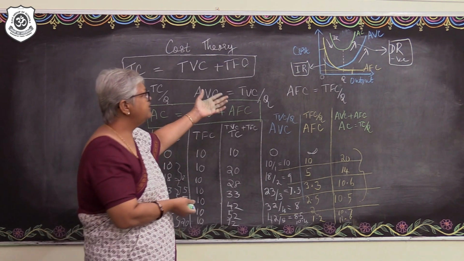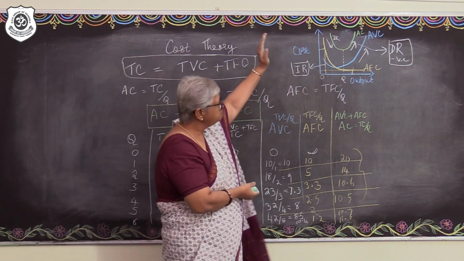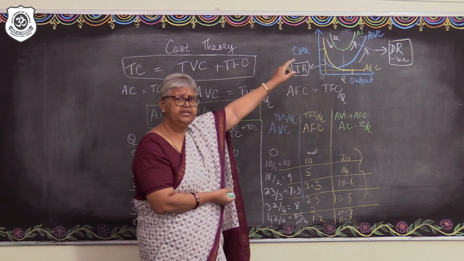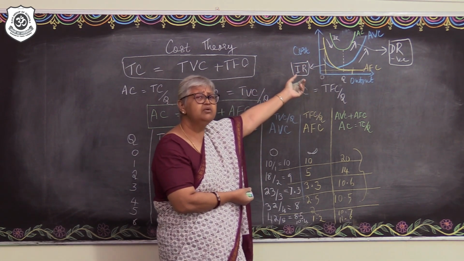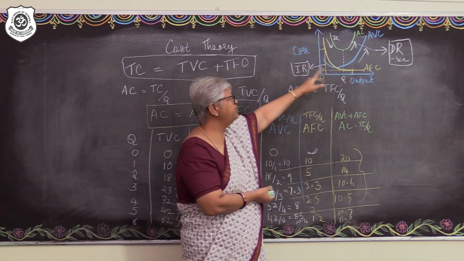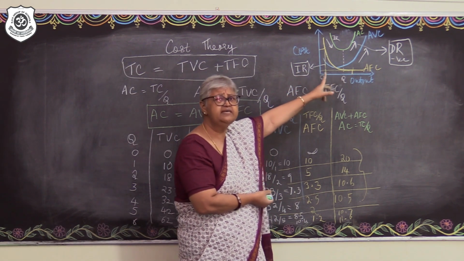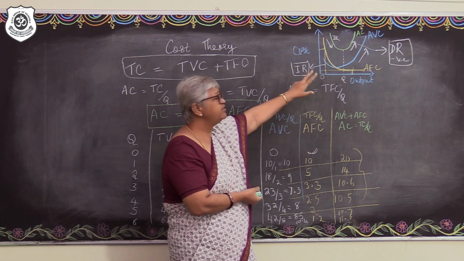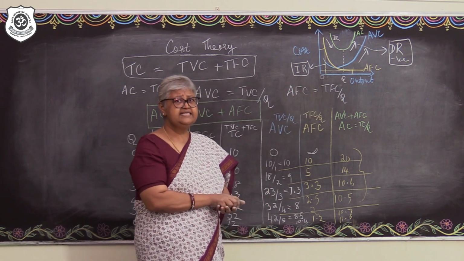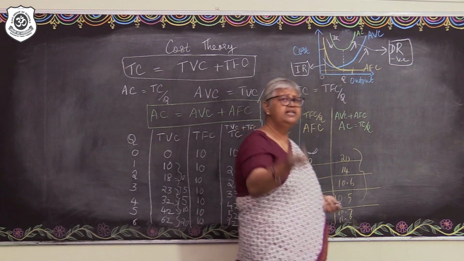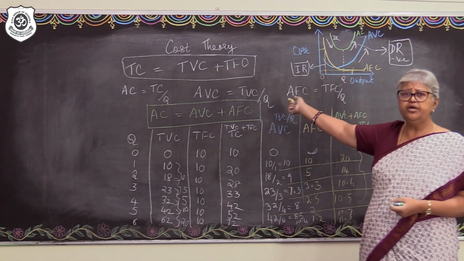Fine? And look at the curves. The AC curve lies right on top. It will look like that only, isn't it? Why? After all, it's a combination of AVC and AFC. Fine? It's a combination of the average variable cost as well as the average fixed cost, isn't it? Then, at all the levels of output, looking at the curve, what do you understand?